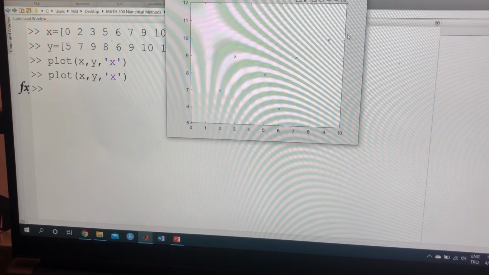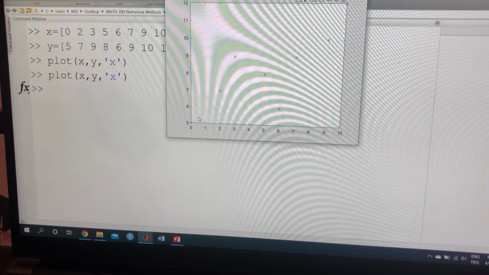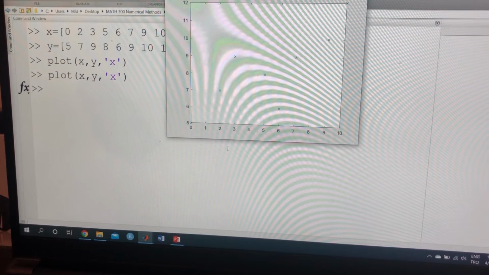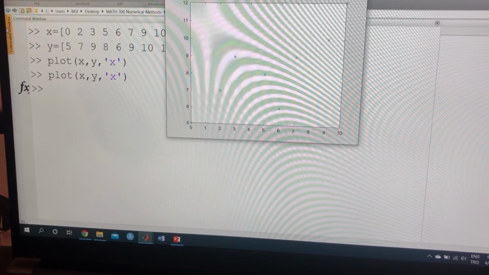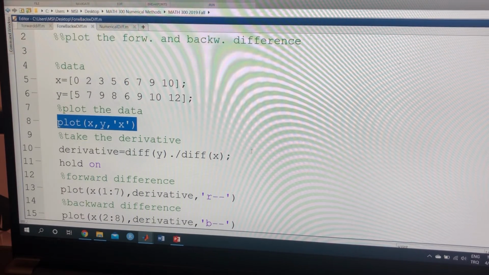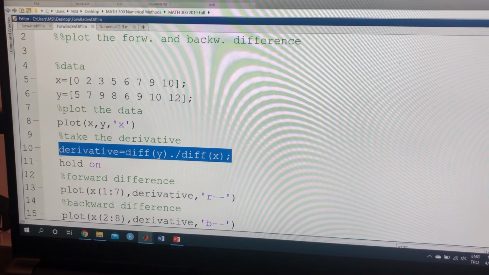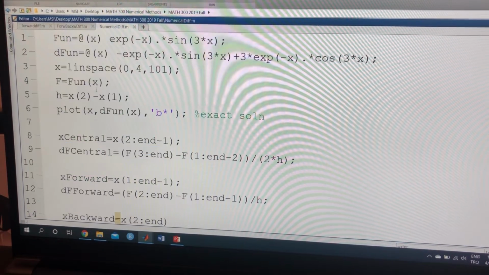We can use only the interior values, since we are using the next one minus the previous one over the 2h interval, right? So this is how we can apply it. And I showed this one by finding the differences in here. Look at that. Take the derivative. The derivative will be the difference of y over the difference of x.